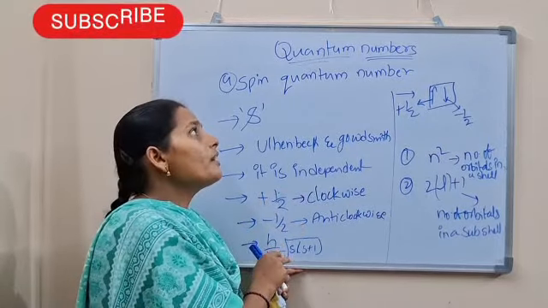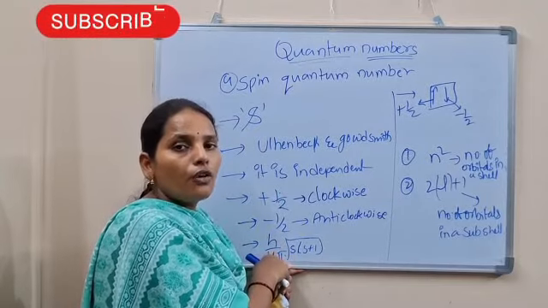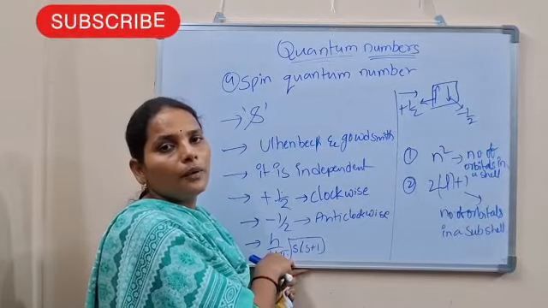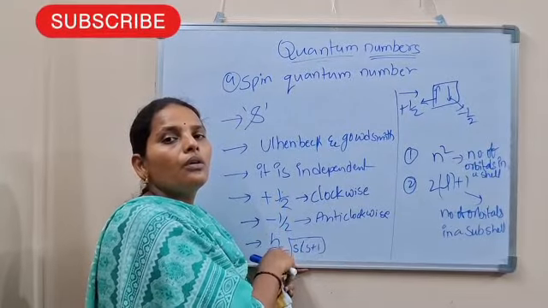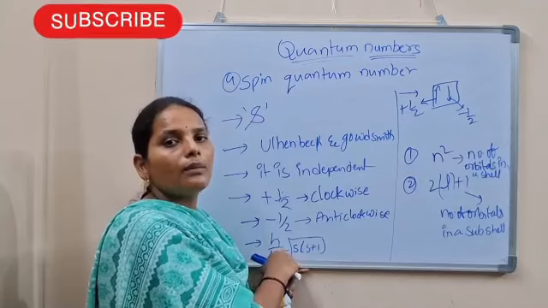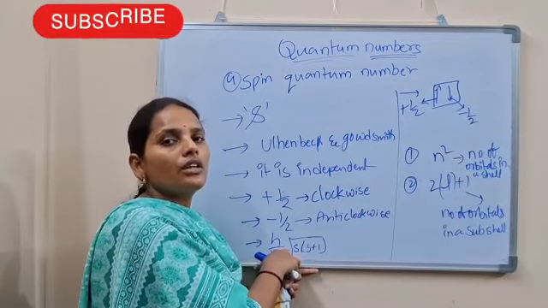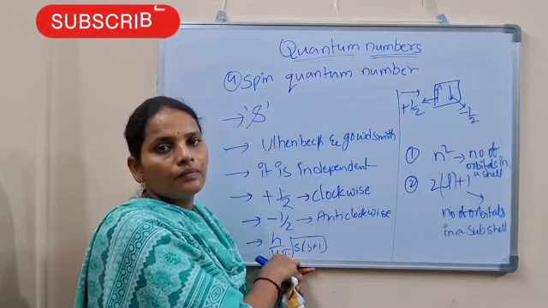Okay, from quantum numbers any 4 marks question or 8 marks question is important. That's why you have to perfect the quantum numbers. From this he may ask a 1 mark question, 2 marks question, 4 marks question or 8 marks question also.